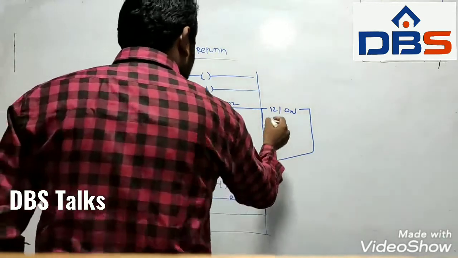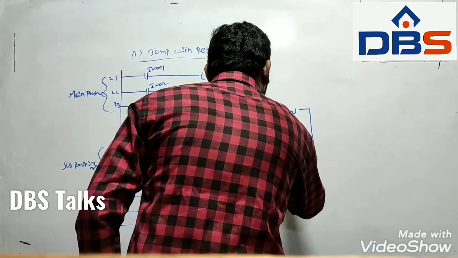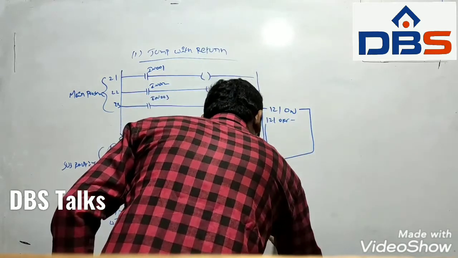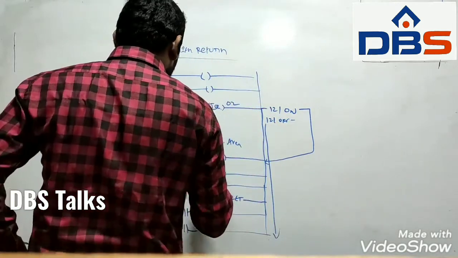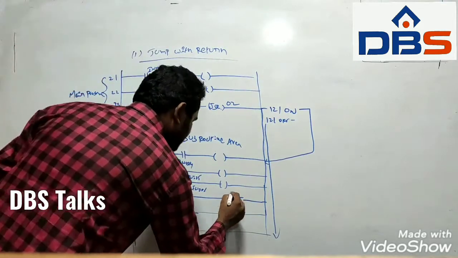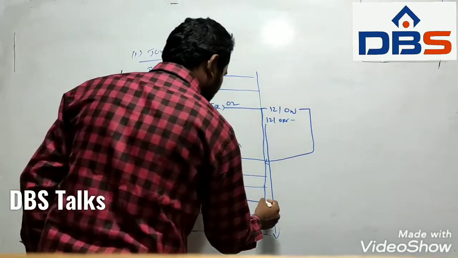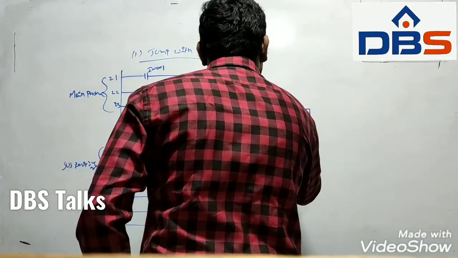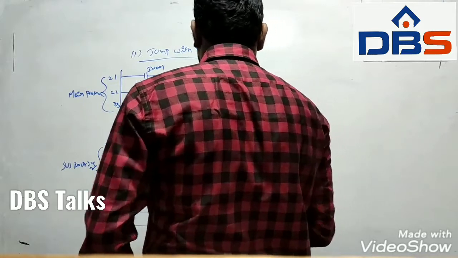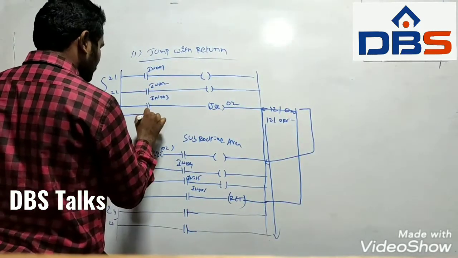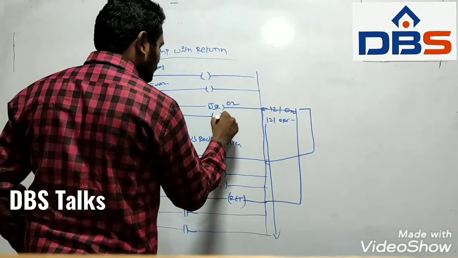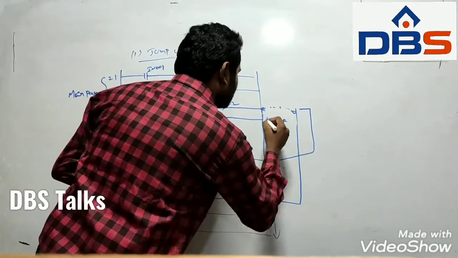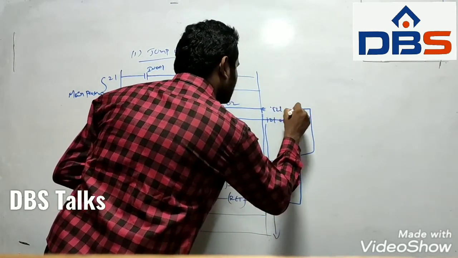If line 121 is off, the process continues till the last line. When the return function is found, it will return to the main program, proceeding to the next line after the JSR line, that is this one.